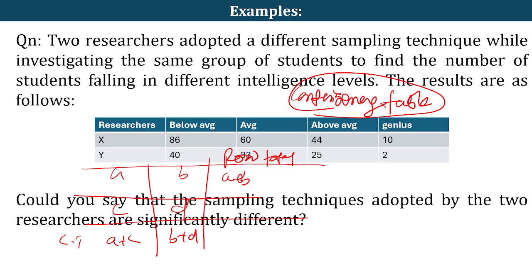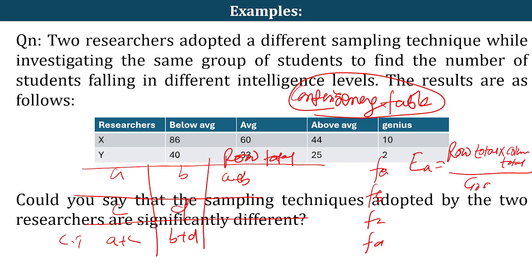So let's say for the observed frequency we have FO or FA, FB, FC, FD. Now the expected frequency E of A will become what? Row total corresponding to A times column total divided by grand total.